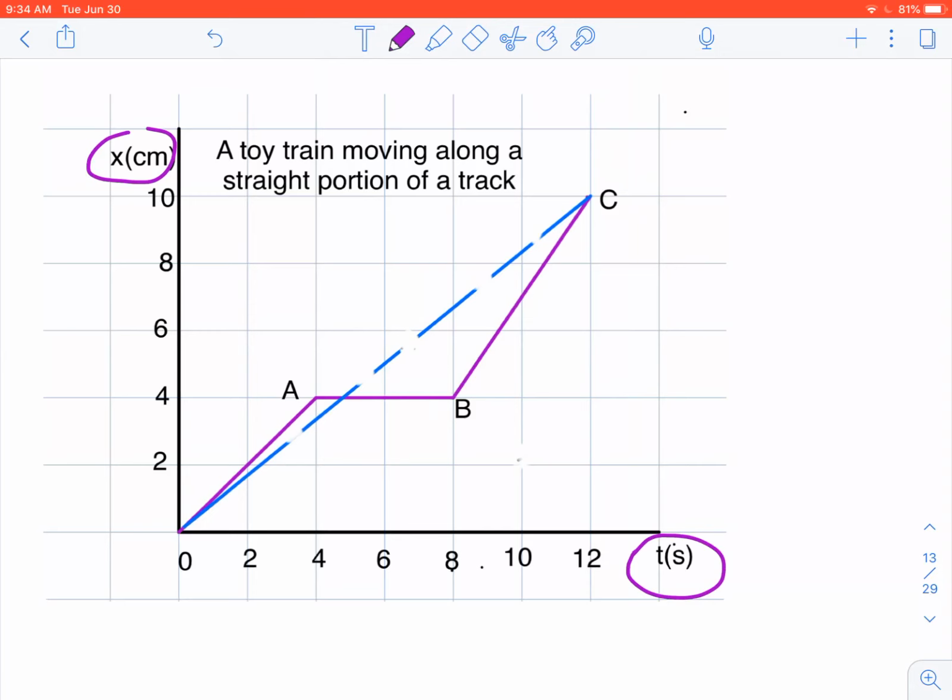To know the average velocity, we need a straight line joining that point and that point, which is given by this line. That will give us an indication of the average velocity.